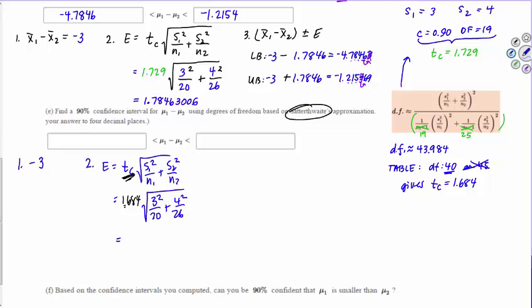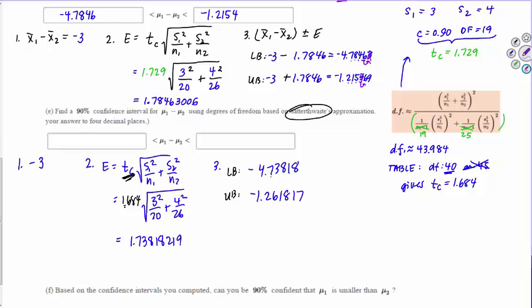Now, I did this in my calculator before I started the video, and I got 1.73818219. If we use those to create the lower and upper bound in the same fashion, the lower bound I got was -4.73818, and the upper bound of -1.261817.